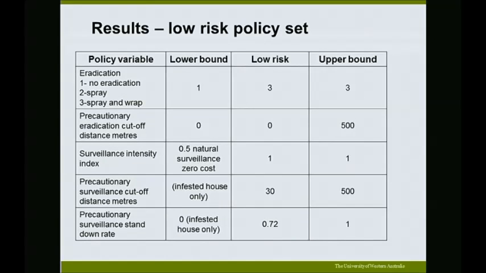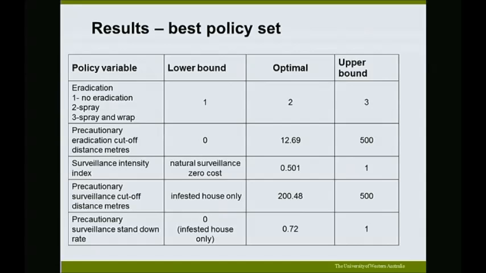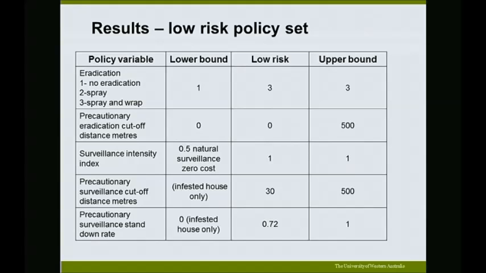Yeah. So these are the optimal solution, the least cost solution, and we also had a look at what I called a low cost set, which is where you increased eradication to the Rolls-Royce wrapping cling film eradication, and you made the surveillance intensity 1.